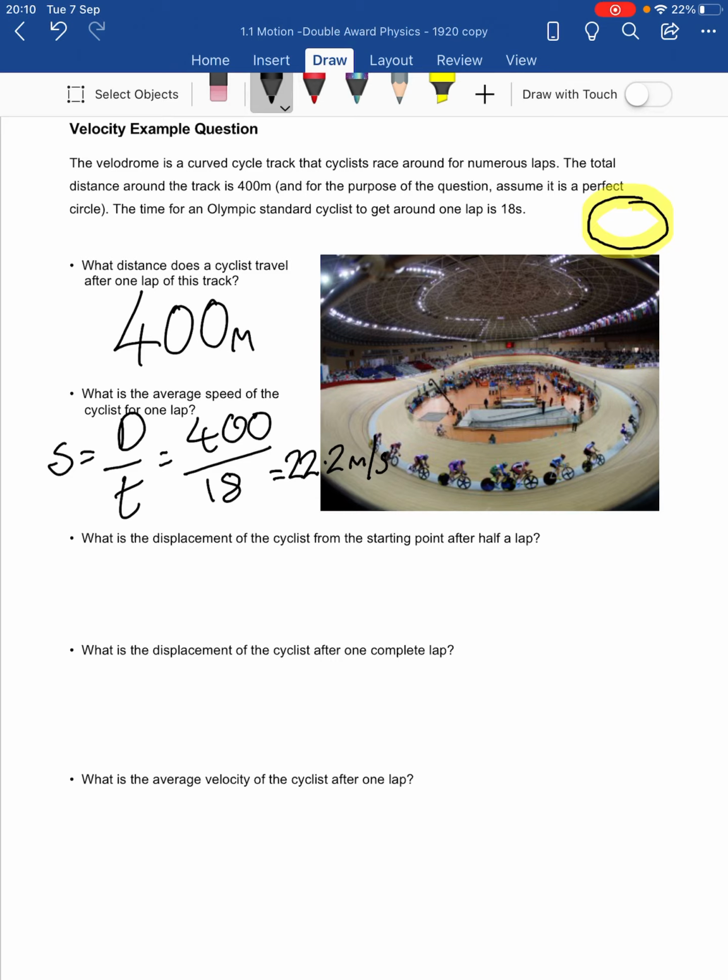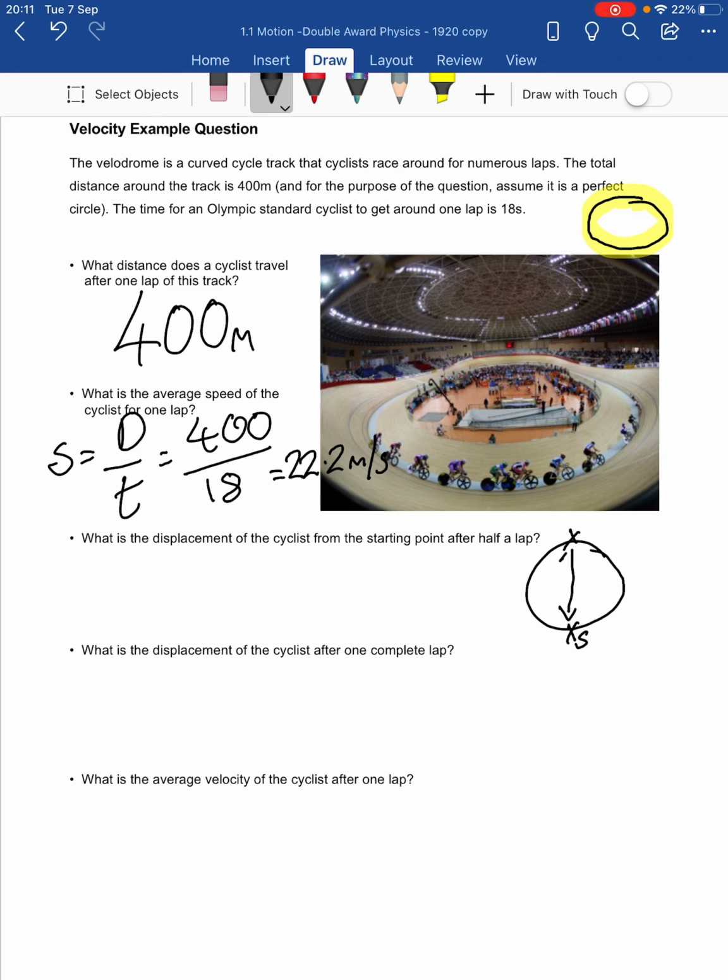So this is where it gets confusing. What is the displacement of the cyclist from the starting point after half a lap? Think about it. It's a circular lap. That's the start point.